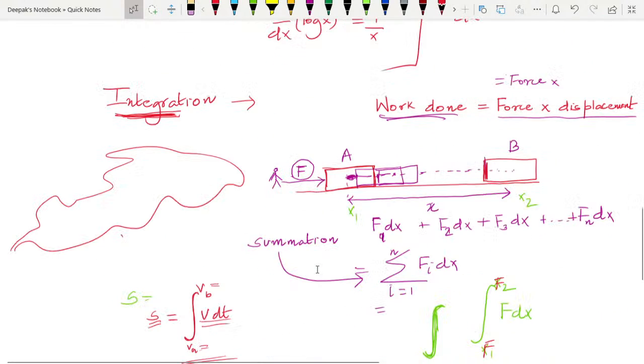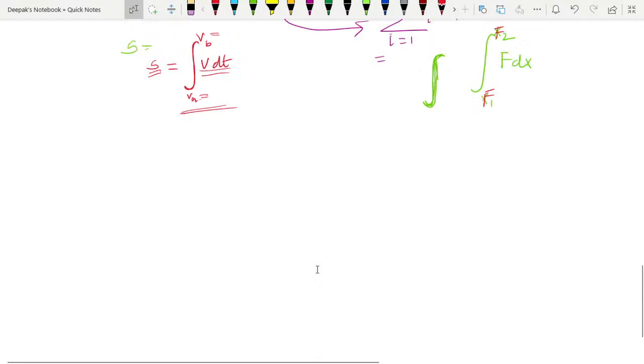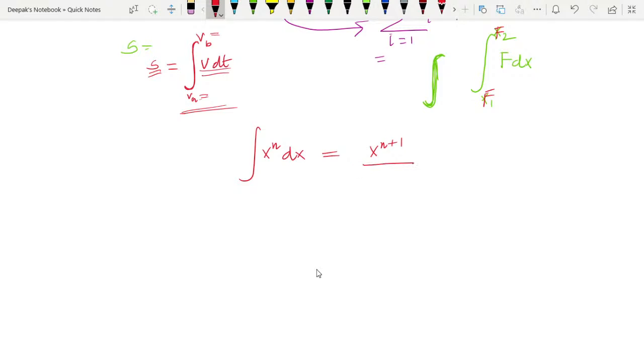Okay, some very simple formulas. Let us say you have x to the power n, and you integrate it with respect to dx. What is the formula? The formula is x to the power n plus 1 divided by n plus 1, plus a constant.